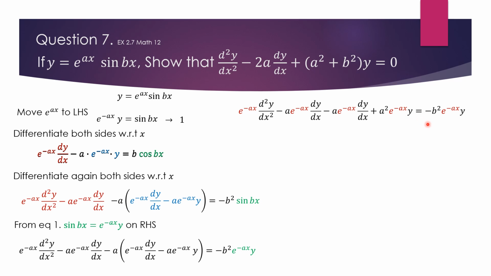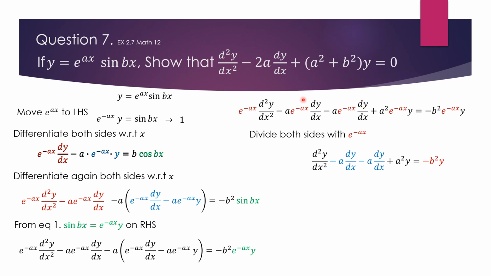This is equal to minus b square e power minus ax y. You note that every term involves e power minus ax, which I have colored for your easy identification. So dividing both sides by e power minus ax eliminates all these terms.